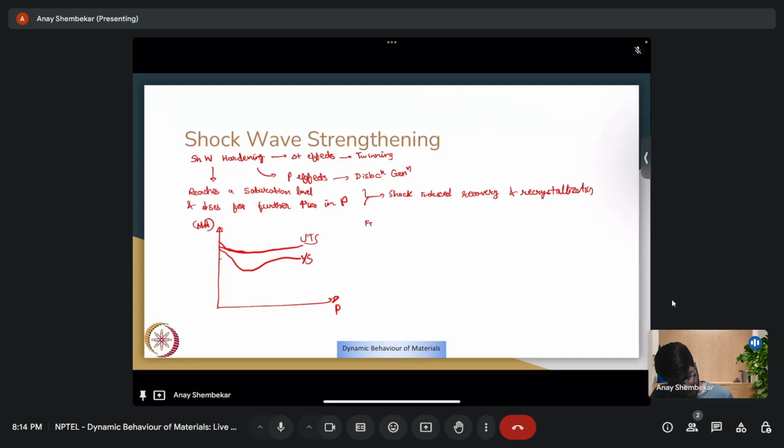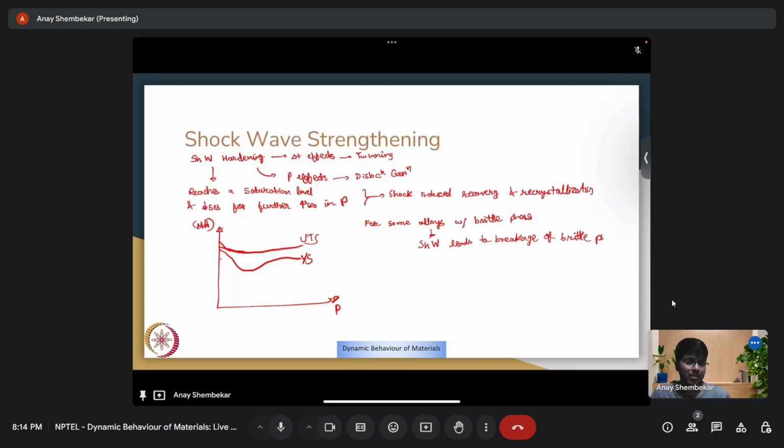So for some alloys with brittle phases, shock waves lead to breakage of the said brittle phase.